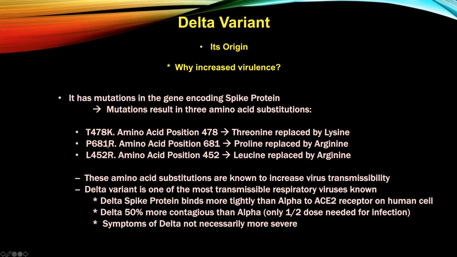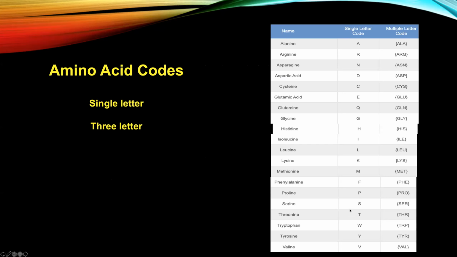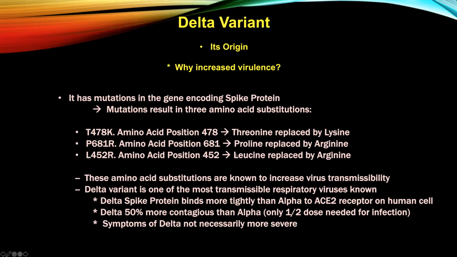And another mutation, P to R. So if we look, P is proline, that's the normal one. It's changed to R, which is, where is R? R is arginine. So proline is replaced by arginine, and leucine is replaced also by arginine. So these 3 amino acid substitutions are what's different about the Delta variant.